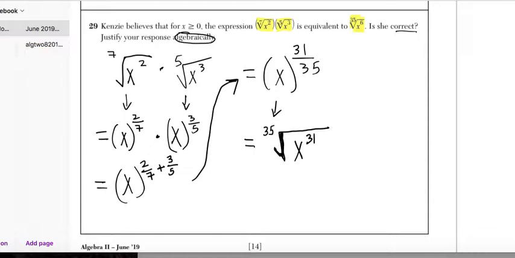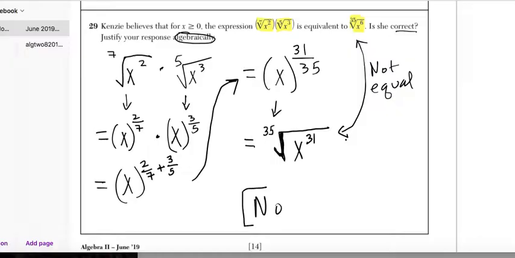So since these two are not equal, we're going to say no. Kenzie is not correct, and we justified our response.